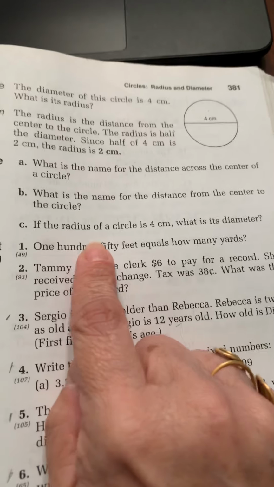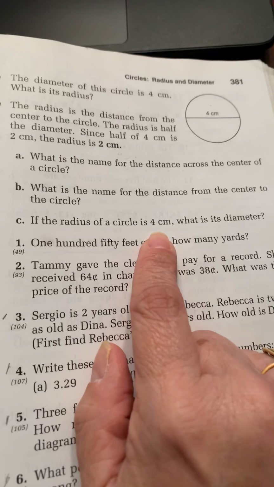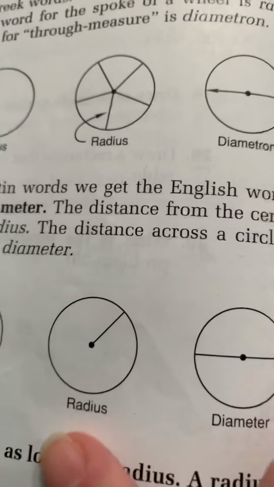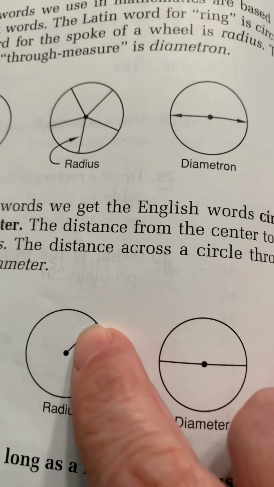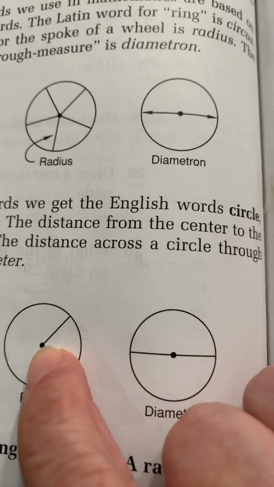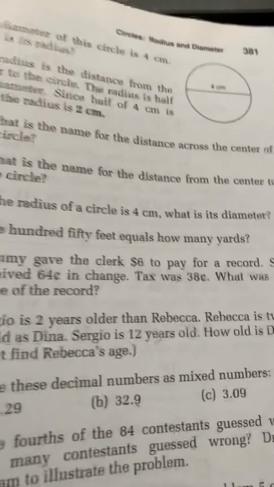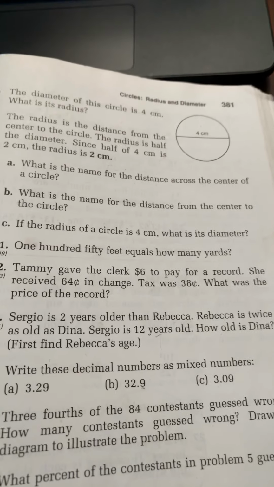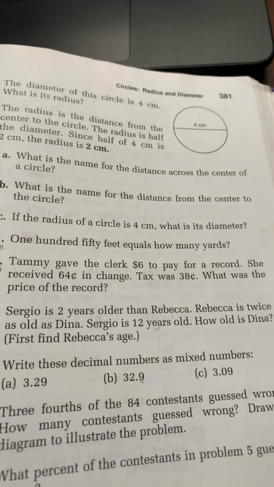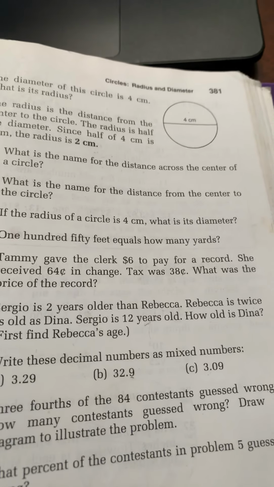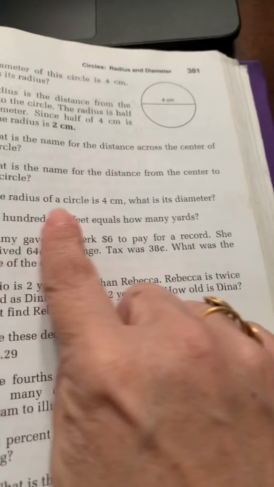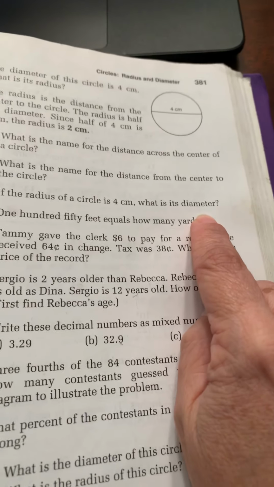If the radius of a circle is 4 centimeters, so here's a radius. If that was 4, and then we put another radius over here to make the diameter, what would the diameter be? If you double the radius, you get 8, right? So C is 8 centimeters.